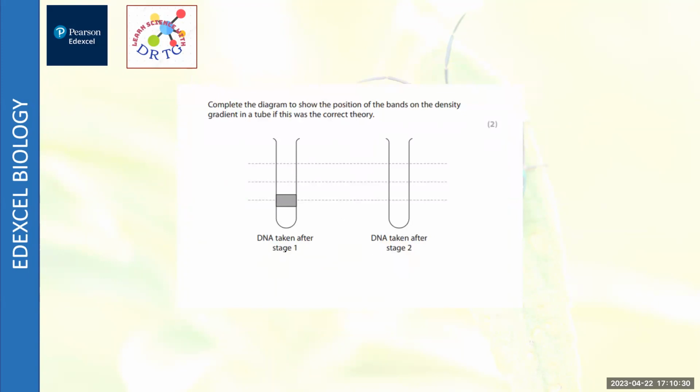DNA after stage 1, and then after stage 2, we can see it. This stays here, and this stays here. Old and new. There are no intermediate forms.